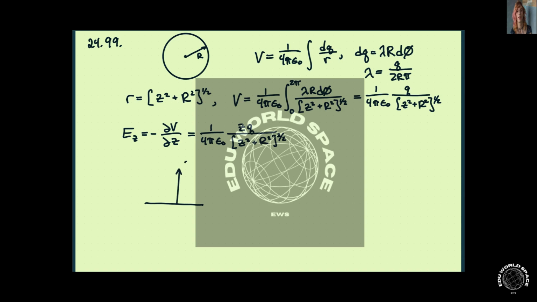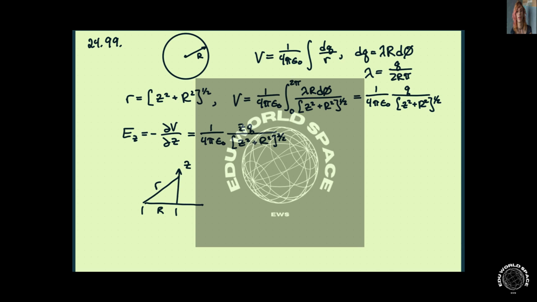And the distance here is capital R. So this distance is the square root of z squared plus capital R squared.